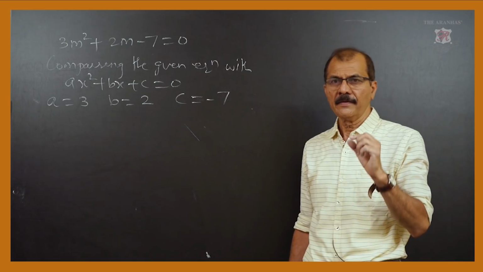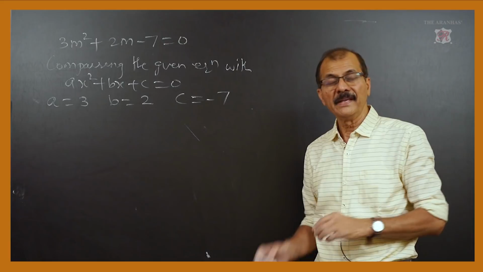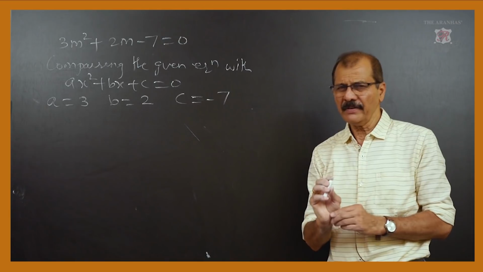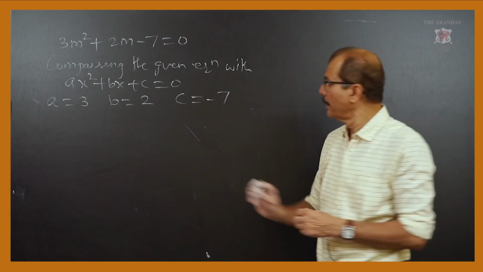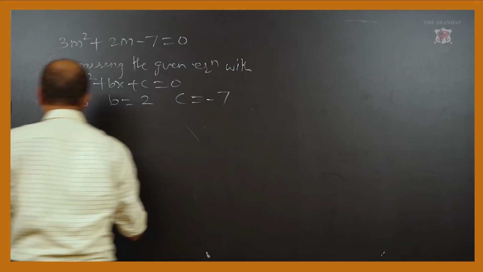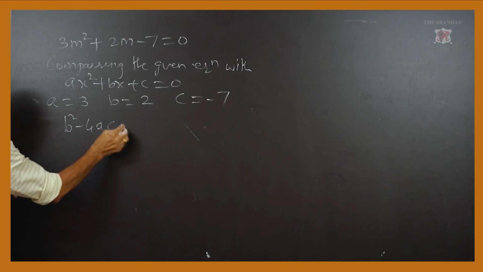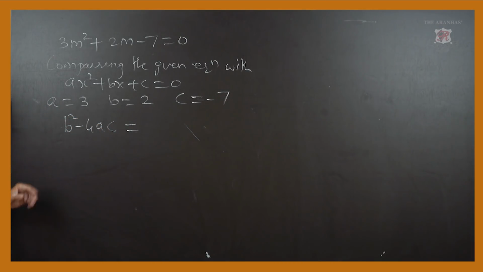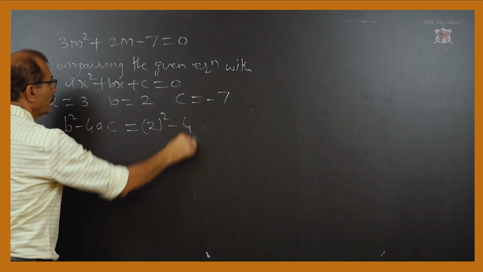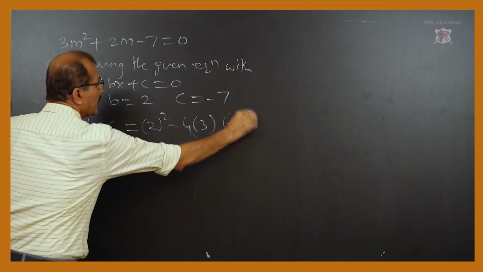That b square minus 4ac. So, first we will find out that b square minus 4ac. This is equal to, what is b, 2 square, minus 4, what is a, 3, what is c, minus 7.